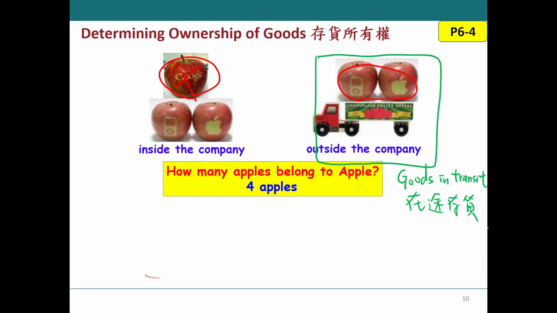In your company, is it yours? Maybe yes, maybe not. The second one we want to talk about is consigned goods, 寄销品.